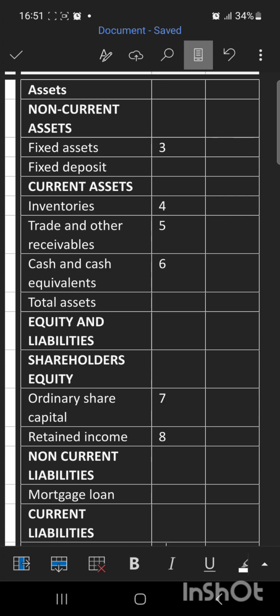You are going to take those two amounts, add them together, and record them as your inventories. Right. So let us move on to note number 5, trade and other receivables.